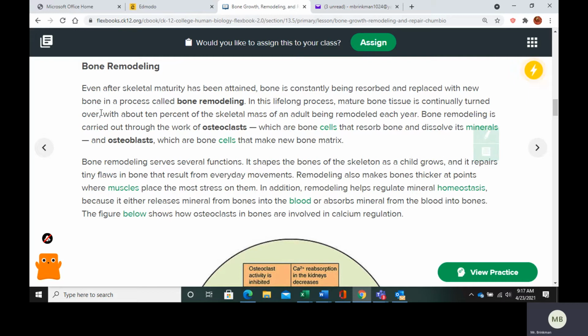And it says about 10% of the skeletal mass of an adult is remodeled each year. Bone remodeling is the work of osteoclasts, breaking down the bone, and osteoblasts, which are going to make the new bone.